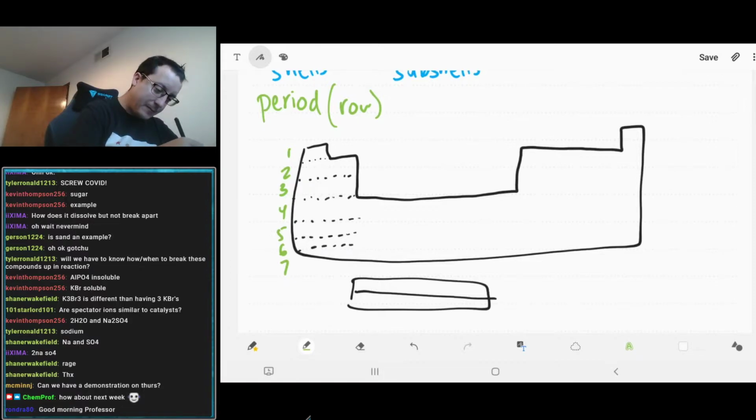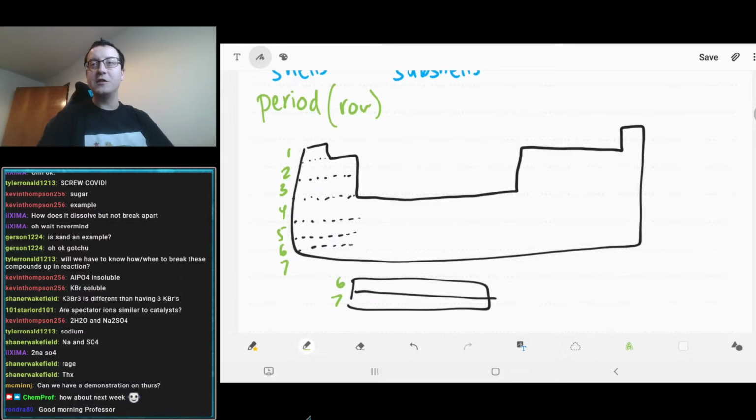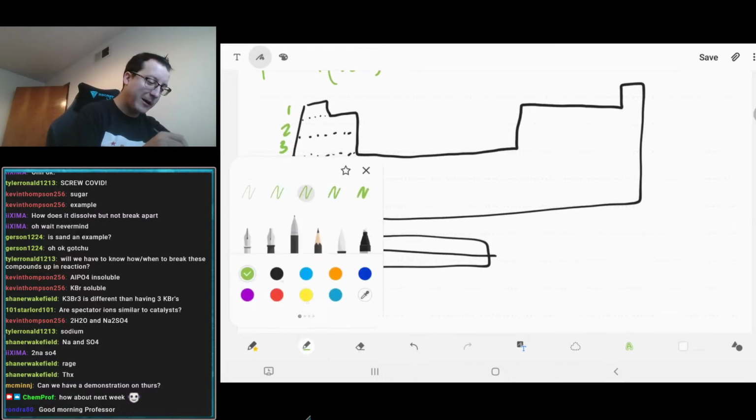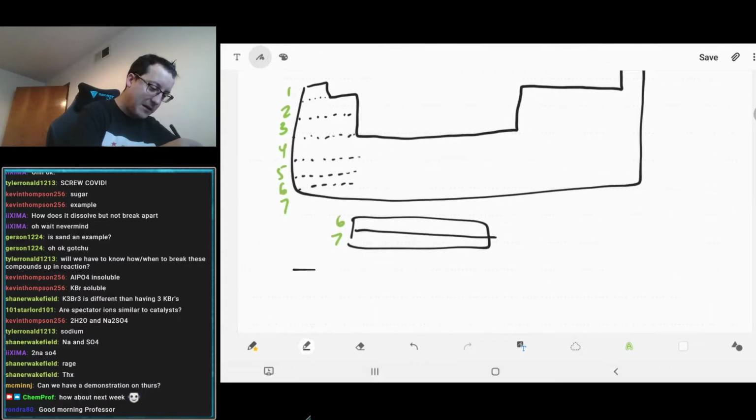Just so you know, you'll see that sometimes on the bottom you'll have those 2 rows. Those rows are just kind of taken out for space purposes, just because the periodic table would get too wide if we were to stick those in there. Technically, if we were to really draw it, the periodic table would look like this. We would have like all the way down there.